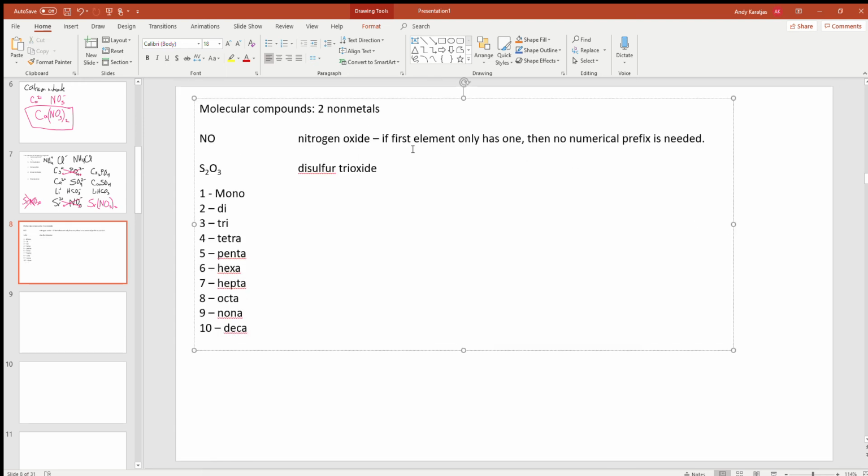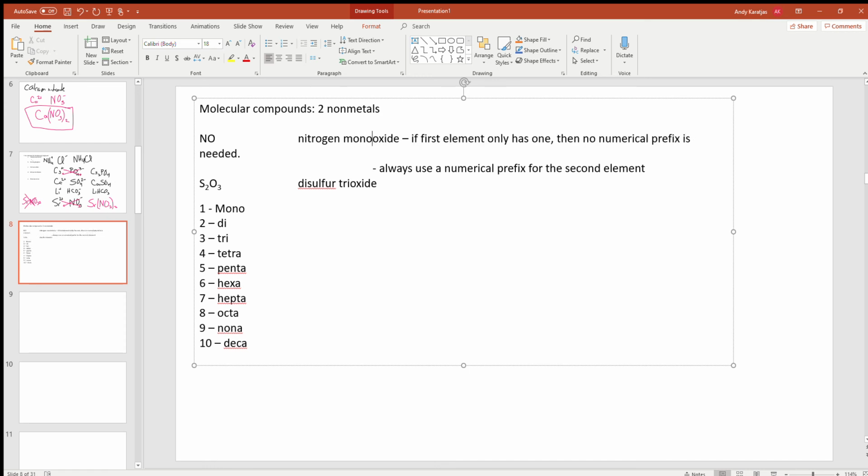But we always need a numerical prefix for the second element. So even though there's only one nitrogen, we don't say mononitrogen because it's the first element. If there was more than one nitrogen, then we would need a prefix. The second element, the oxygen, always gets a prefix. The prefix for 1 is mono, so this is nitrogen monoxide.